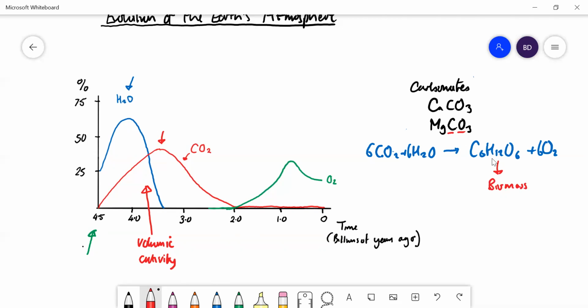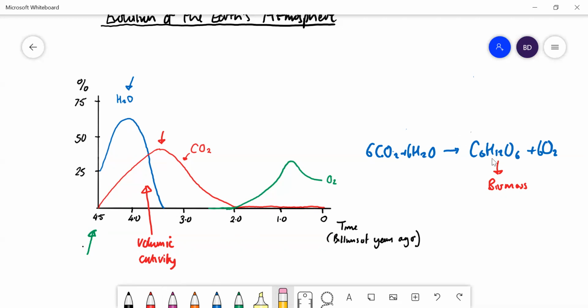So that would be taking some carbon dioxide out of the atmosphere. In the Earth's early atmosphere it wouldn't be higher plants, it would literally be photosynthetic bacteria, and then higher forms of plant life would evolve.